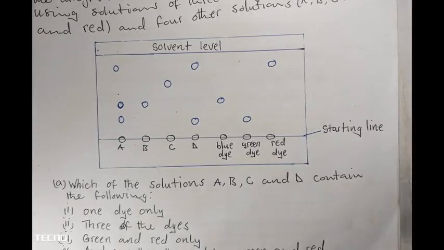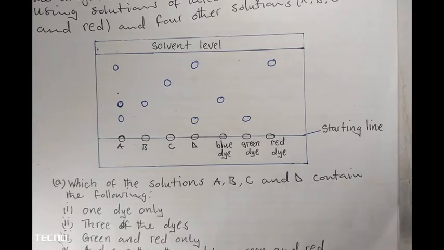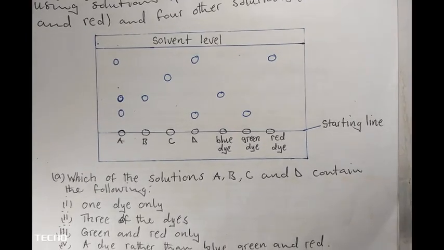Now, away from this one, we can proceed to this question. Which of the solutions A, B, C, and D contain the following? As we can see, we have different types of dye.